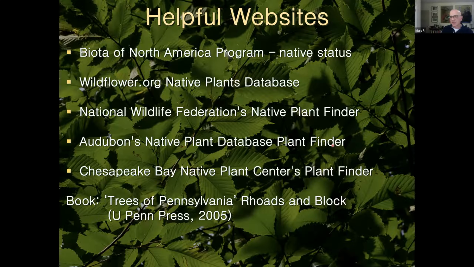Those all have zip code finders, and some of them let you plug in the kind of wildlife you're trying to attract, or even your soil conditions. And a really good book is Trees of Pennsylvania, which I have right here, but it's underneath a bunch of stuff, by Rhoads and Block from Morris Arboretum, which is the official arboretum of the state of Pennsylvania.